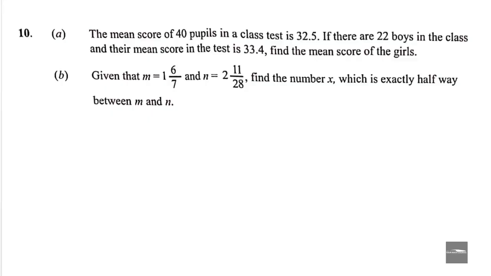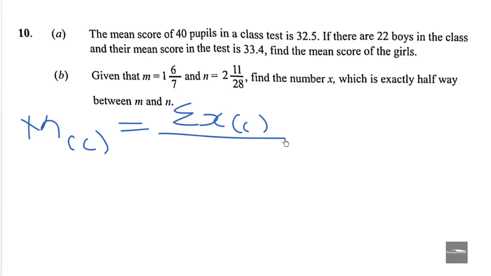Alright, so let's find the mean score. Let's use the mean score of the whole class. So that will give us the total score of the whole class over the total number of pupils, which is 50.